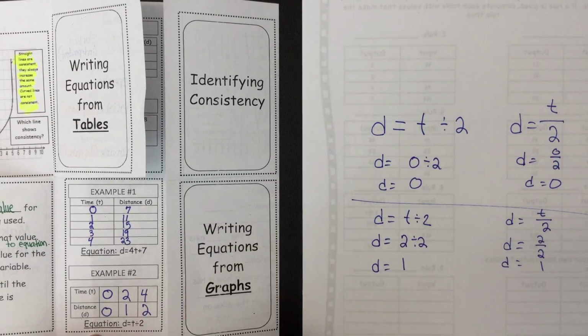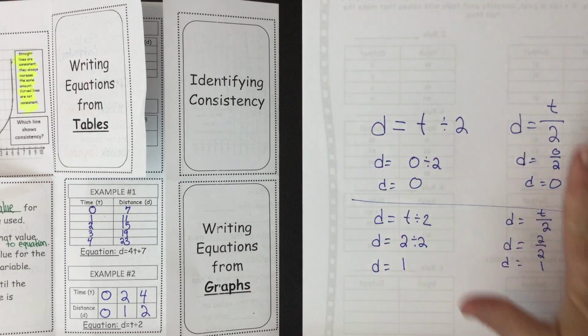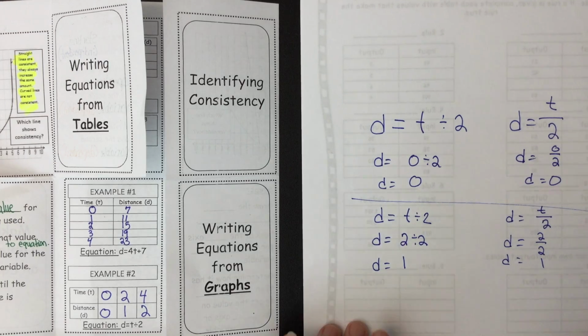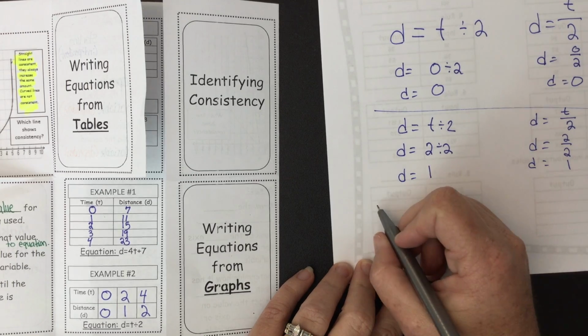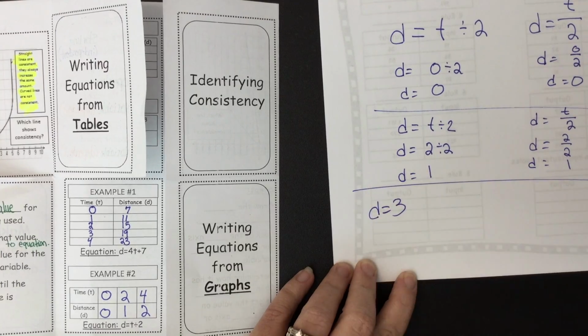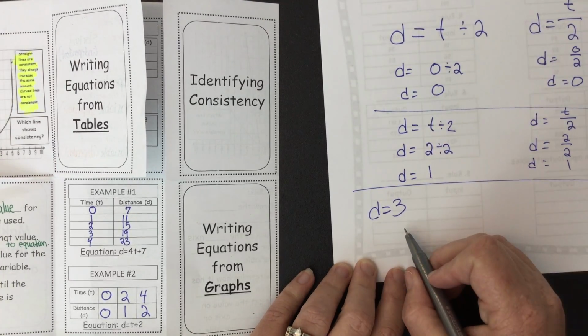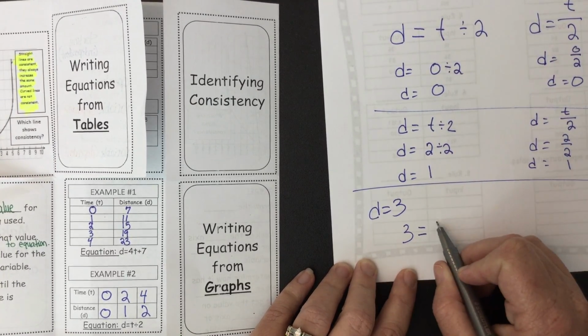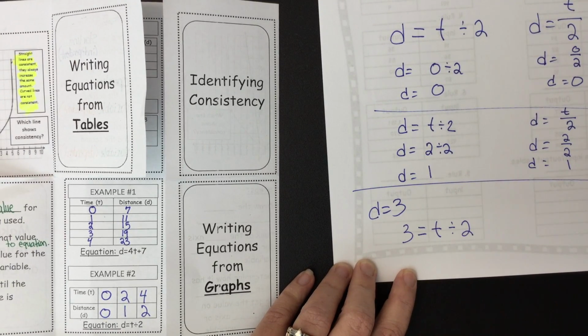2? Yes. All right, so before I go on, could you use this same type of stuff if I had given you the value of D? So if I told you that D equals 3, how would I go ahead and find my other value? Would I use the same equation? Yes, I'd use that. I'd say 3 equals T divided by 2, right?